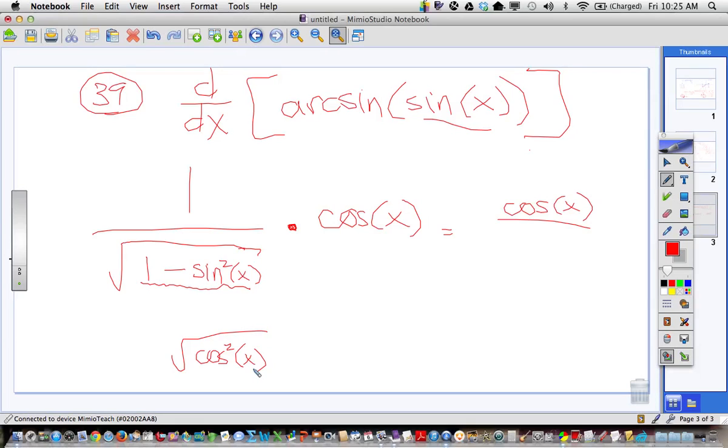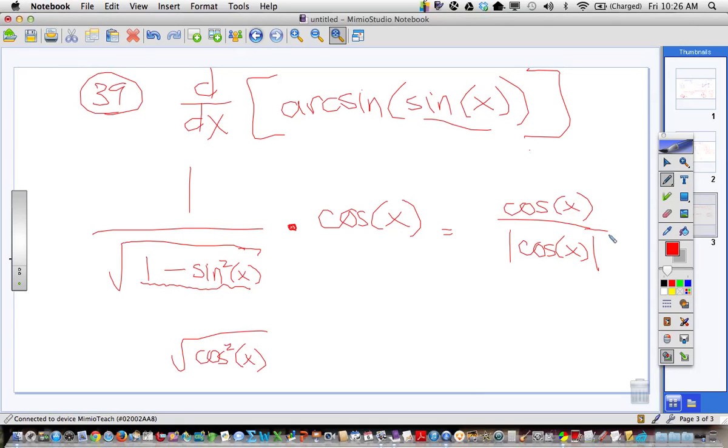That's absolute value of cosine, because cosine could be negative. You square it, it's positive. Square root it, you get a positive, but it could have started out being negative. So on the bottom, we need absolute value of cosine. Now think about this. Isn't this really 1? It's cosine divided by cosine, so it's going to be 1. The difference is the top could be negative, and the bottom has to be positive, but the top and bottom have to be the same number.